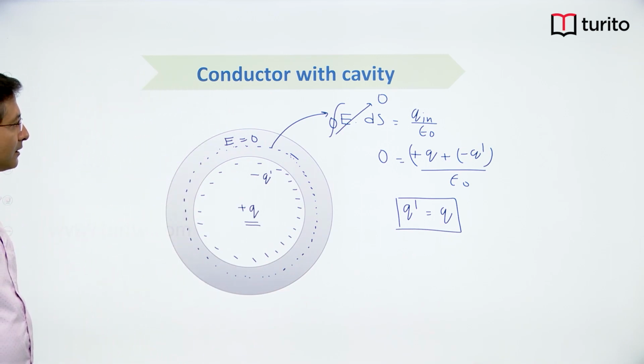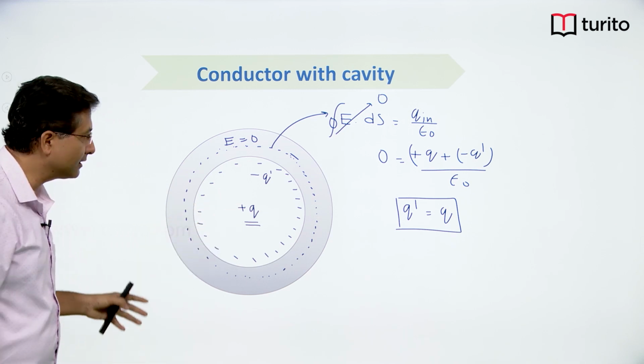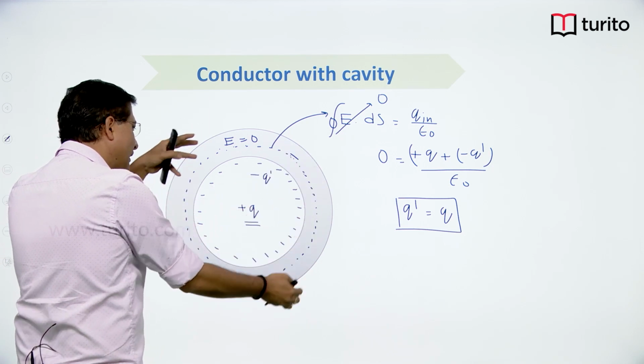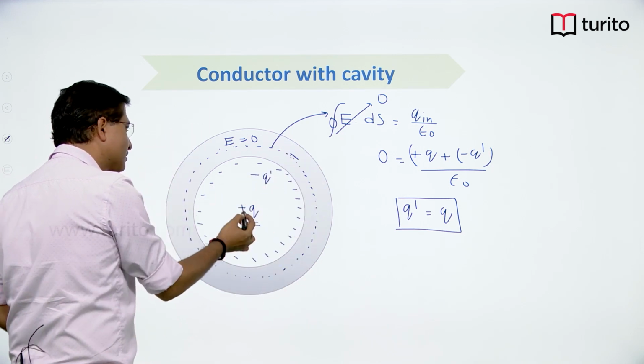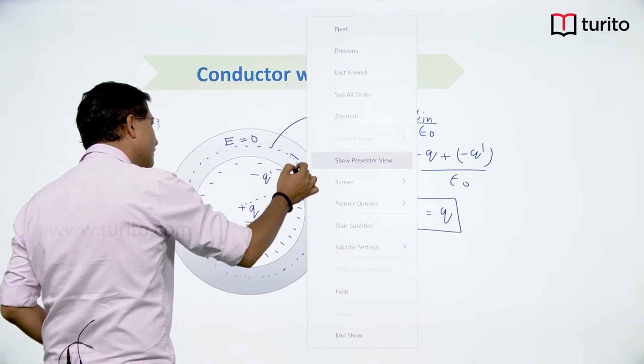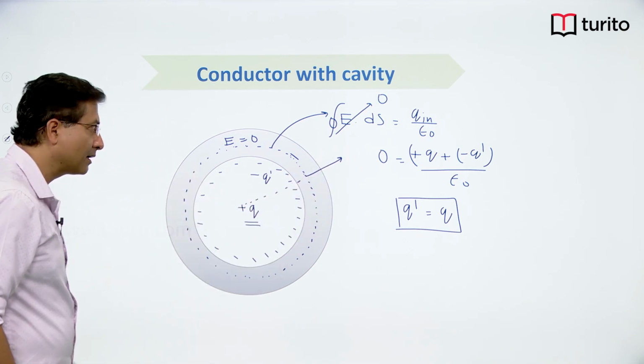So, what will happen, that as you place the charge inside the cavity, this charge starts attracting the electrons and they start drifting, because this tries to create the field here.